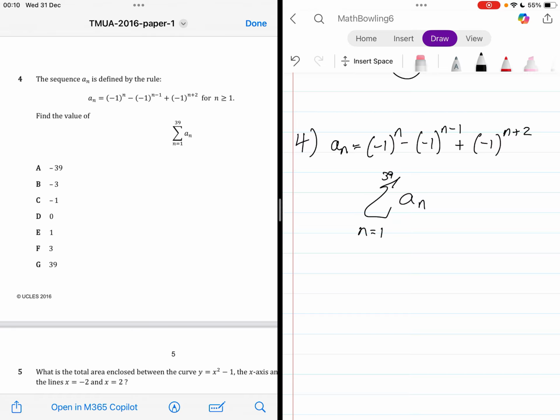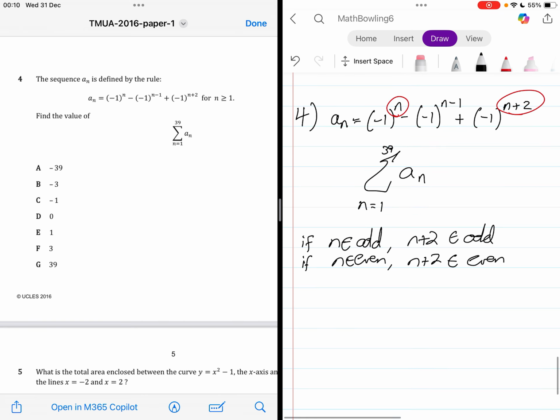Now, because n is always an integer, these two exponents are specifically important. If n is odd, then that means that n plus 2 is also odd. And if n is even, then n plus 2 must also be even.